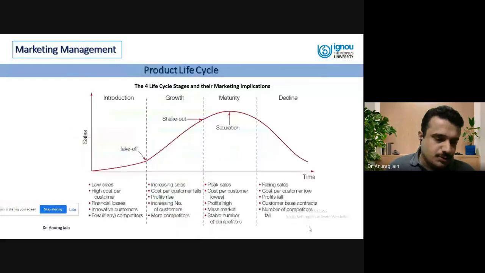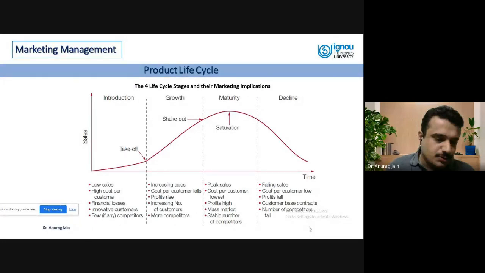Now let us come to another interesting framework which is known as product life cycle, right? As I was mentioning in the very beginning, whatever takes a birth, that's a very basic concept I'm talking about. If we talk about human life, there is a certain age up to which we can live, right?